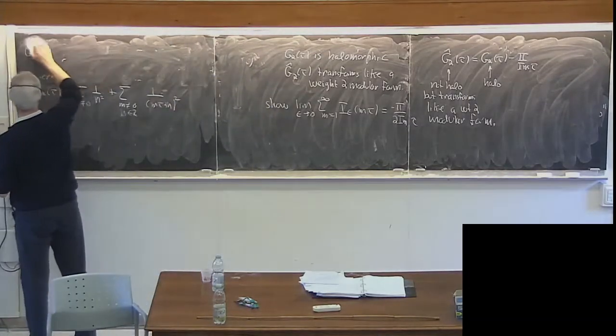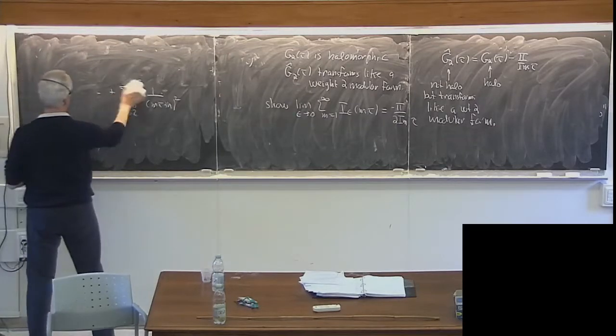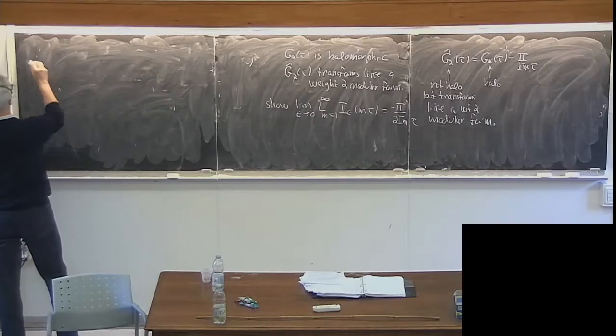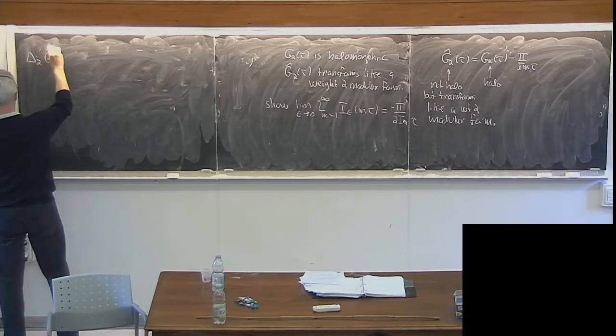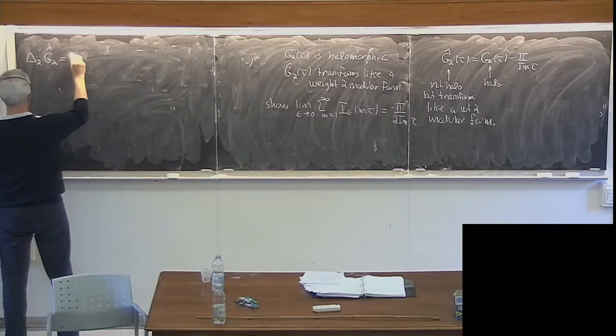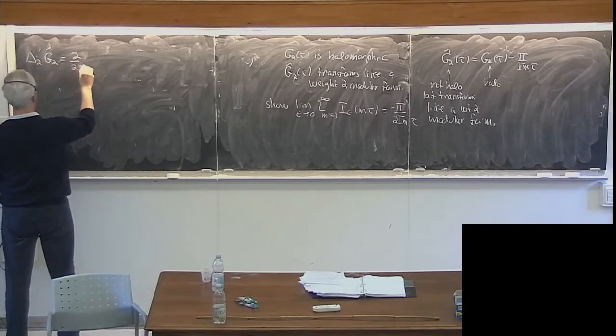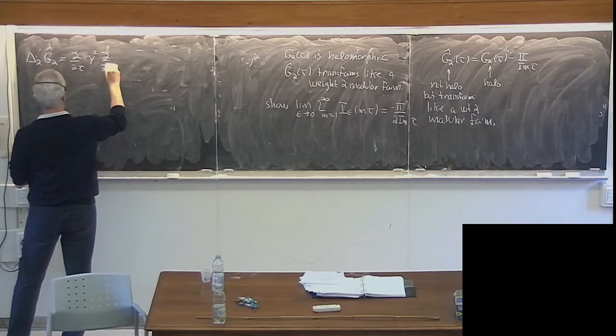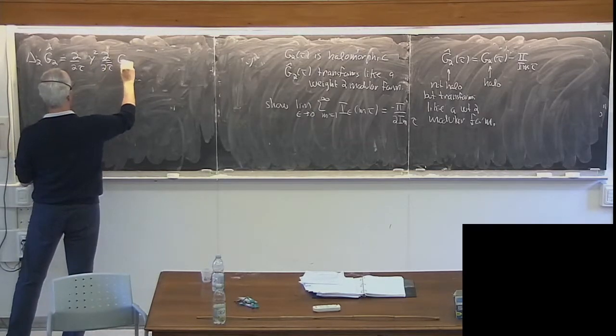And we can check that if we take the weight 2 Laplacian acting on g2 hat, that's d by d tau of y squared d by d tau bar of g2 hat.